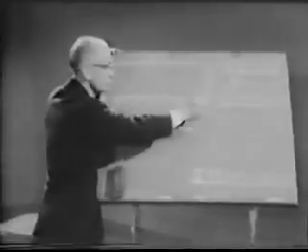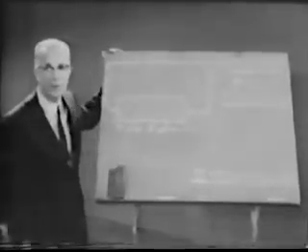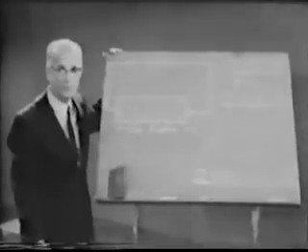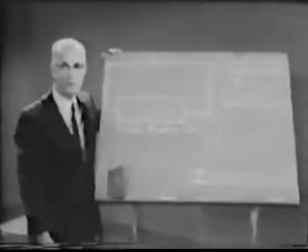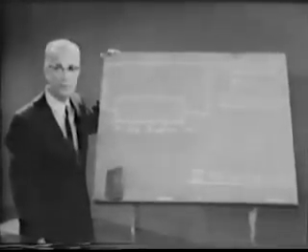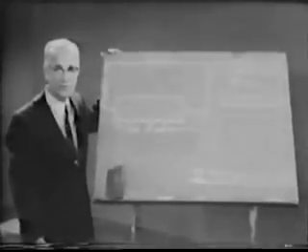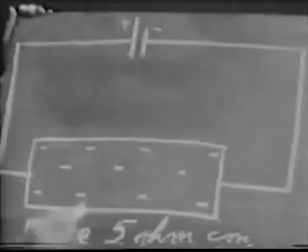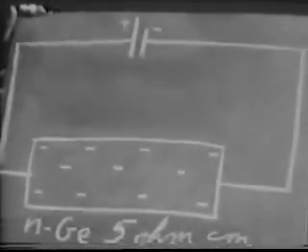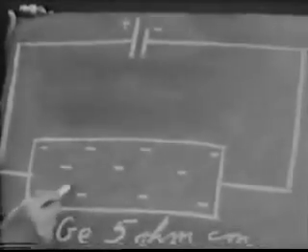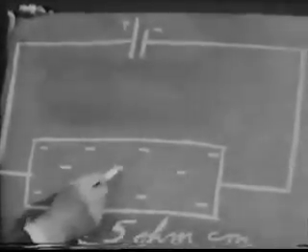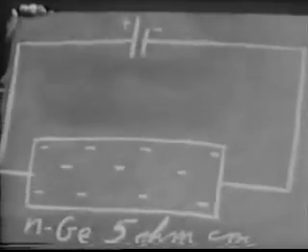Drift, diffusion, and recombination can be demonstrated and measured in 3 experiments that we shall show. Our experiments use a fundamental physics configuration consisting of a source, a transmitting medium, and a detector. The transmitting medium is the N-type germanium rod of 5 ohm centimeter resistivity, having a high concentration of majority electrons compared to minority holes.